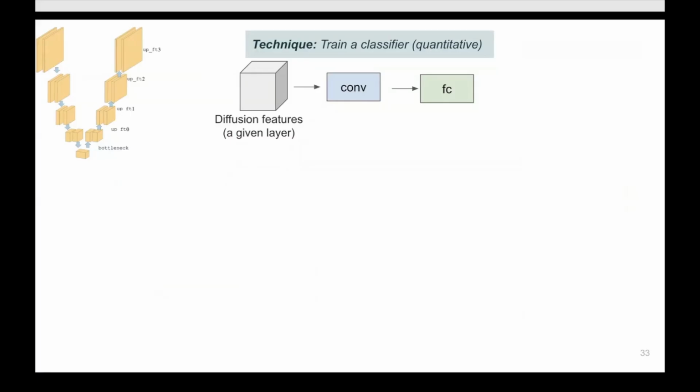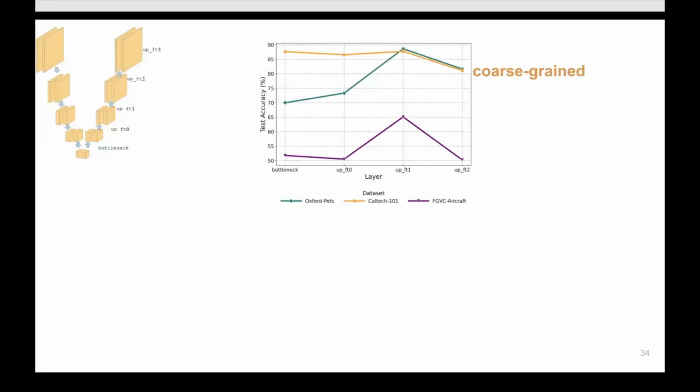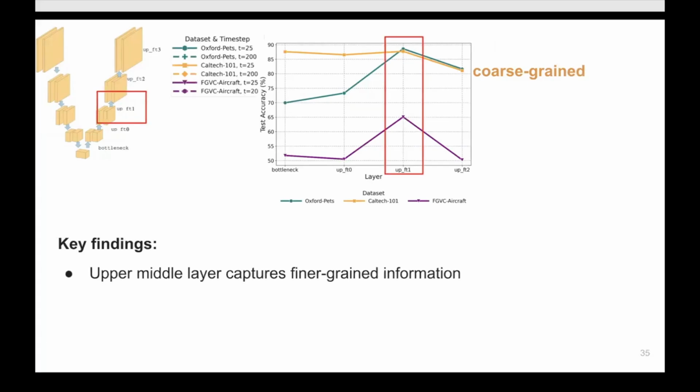Just to validate that we were not overfitting our assumptions by visualizing this, we trained a simple classifier on different features. We pass the image, get the features from this particular layer, and use them to train a simple learner. So, three datasets.